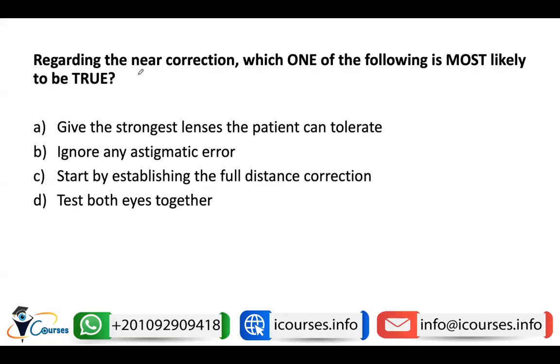Okay, so regarding the near correction, which one of the following three statements is true? We don't give the strongest lens that the patient can tolerate. Actually, as you increase the power, he will be happy because the image of the near target will be clearer and larger. We said that before in aphakia.